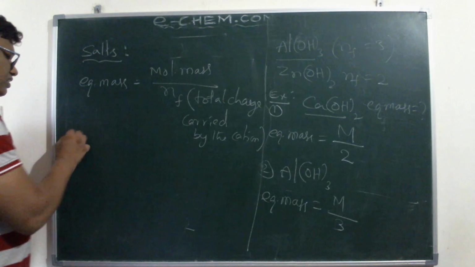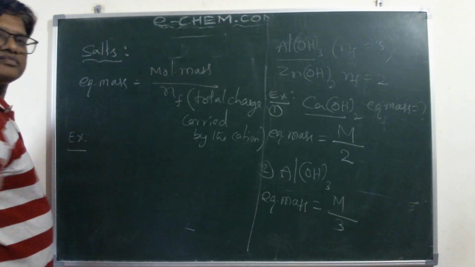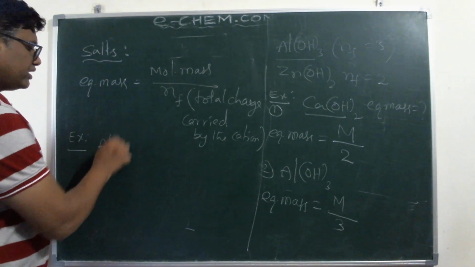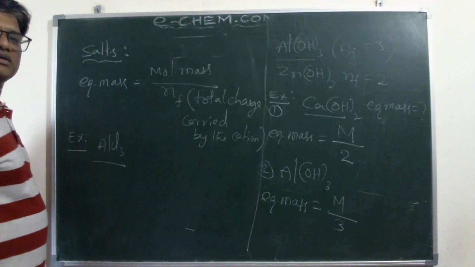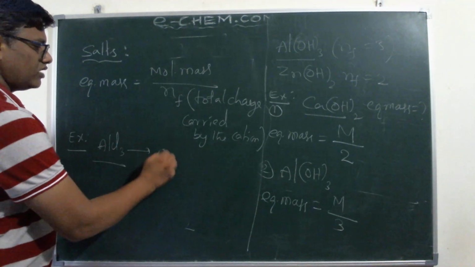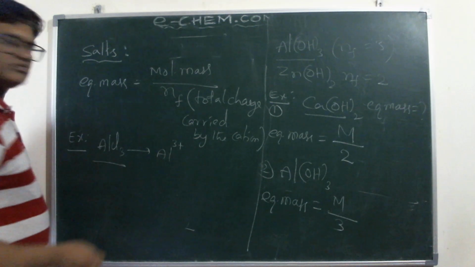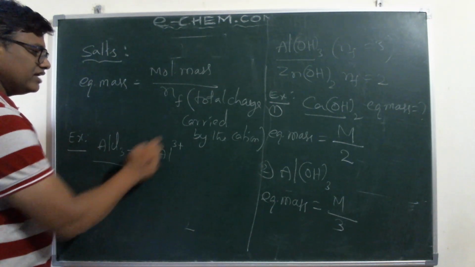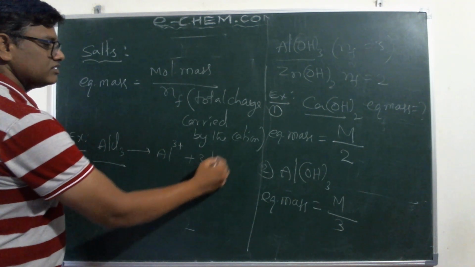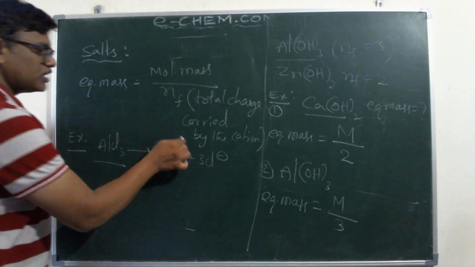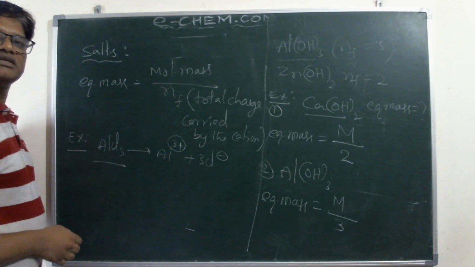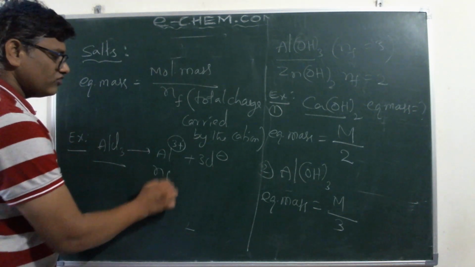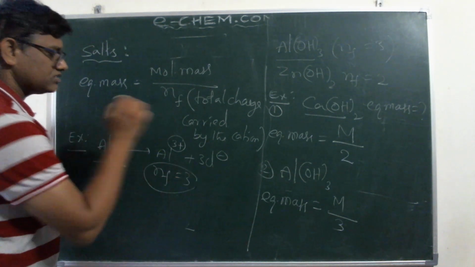For example, I am taking aluminium trichloride, AlCl3. In this compound, aluminium chloride will be dissociated as Al3+ and 3Cl-. The total charge aluminium is carrying is plus 3, the cation, so the n factor is taken as 3 for this salt.